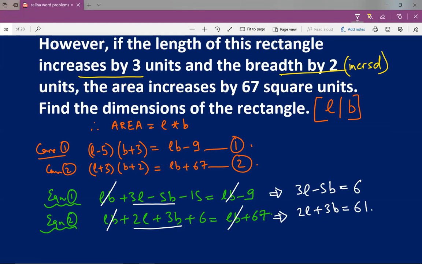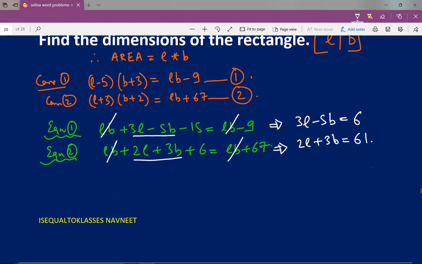Now I hope you will be able to solve this. This is a pretty simple equation to solve. Let me name this as 3, this as 4. I hope you have practiced enough linear equations to solve this.